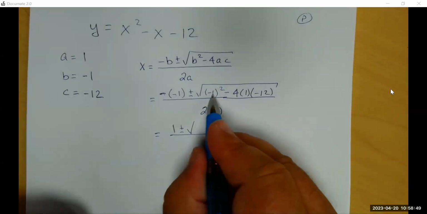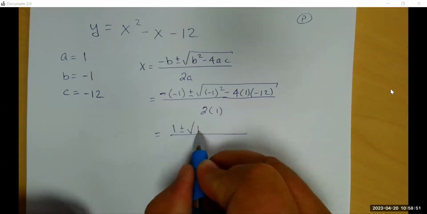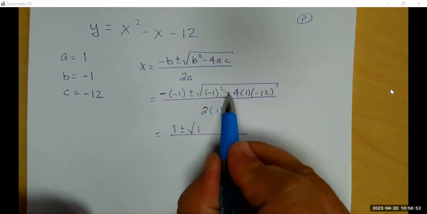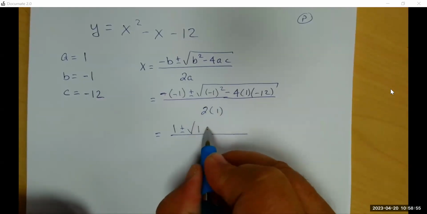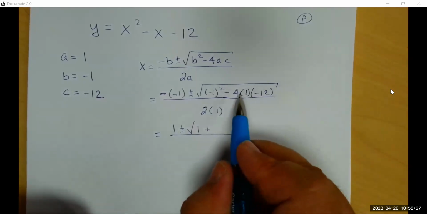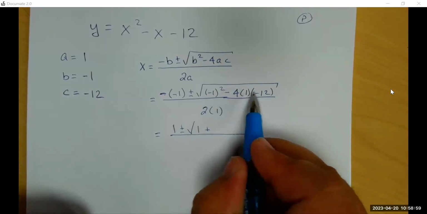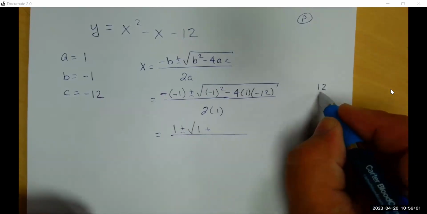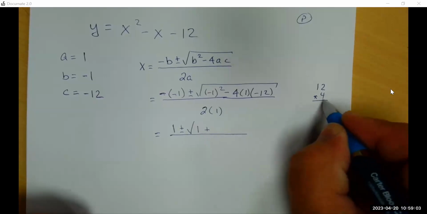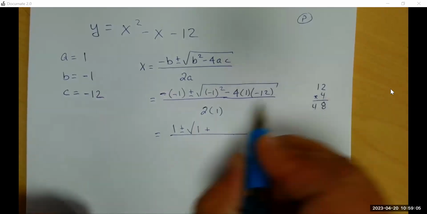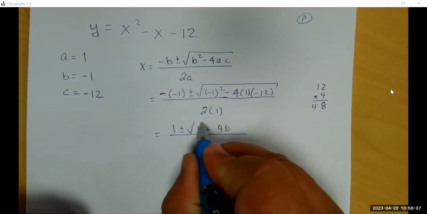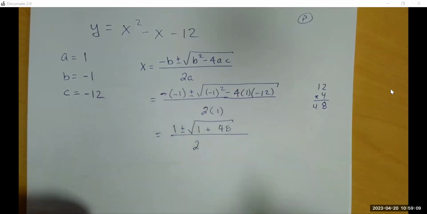Plus or minus the square root. Negative 1 squared is 1. Negative times negative is positive. 4 times 1 is 4. 4 times 12 is 48, over 2.